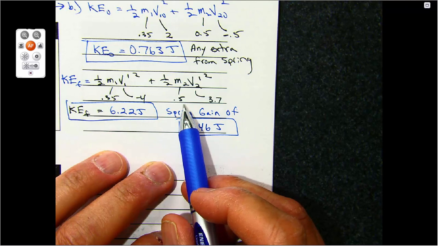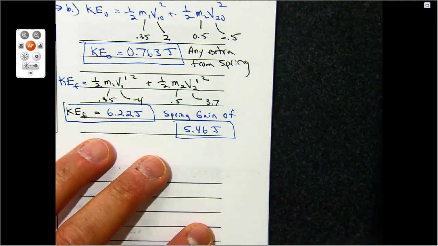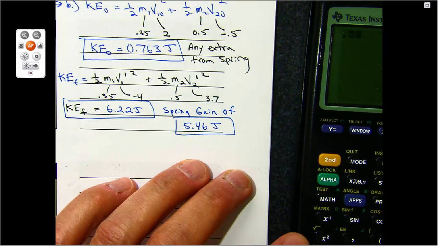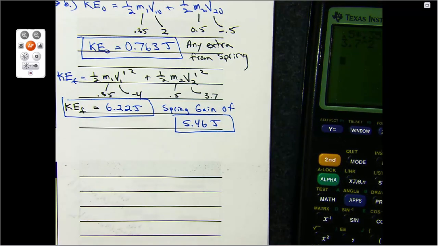And the mass is 0.5. That's 0.35, yeah. I've got it. Yep. 0.5 times 0.35 times 16 plus 0.5 times 0.5 times 3.7 squared equals 6.22. Yeah, we should get 6.22.